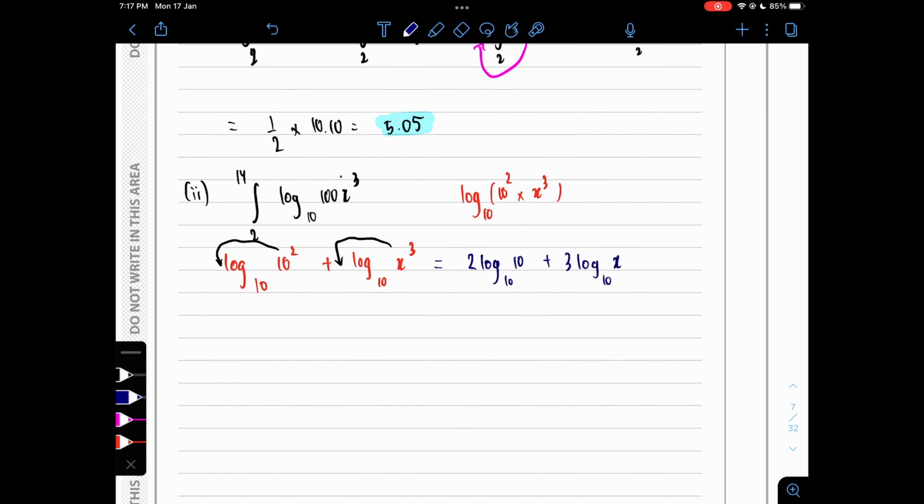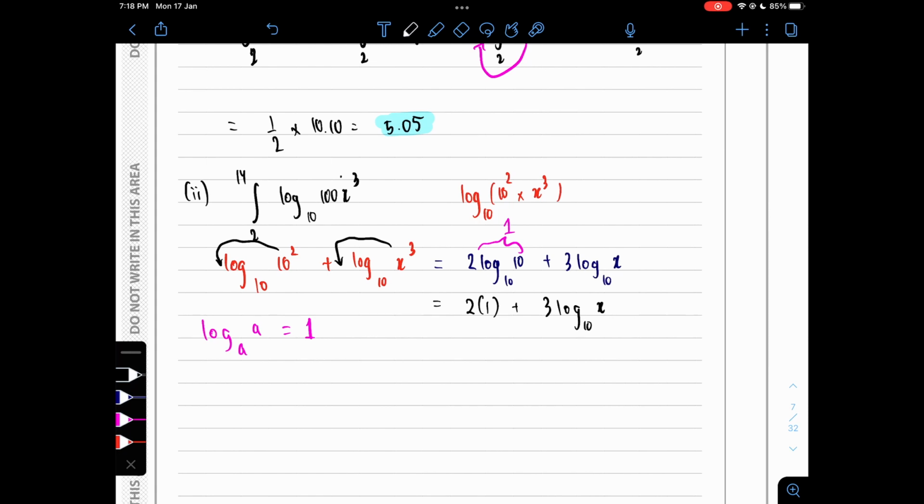Now, what do you know about log base a of a? This is equivalent to 1. So this will be just 2 times 1, which is 2, plus 3 log of x.